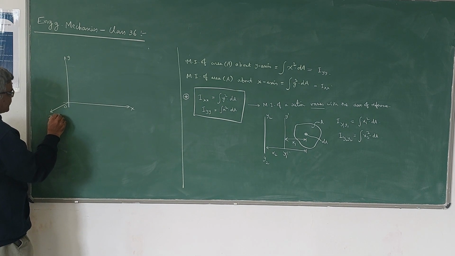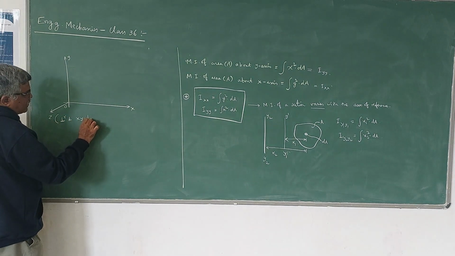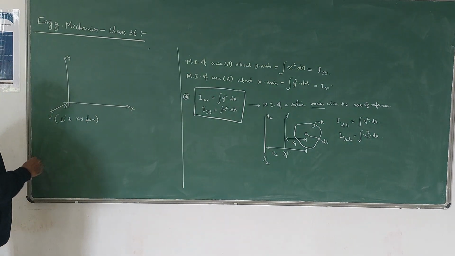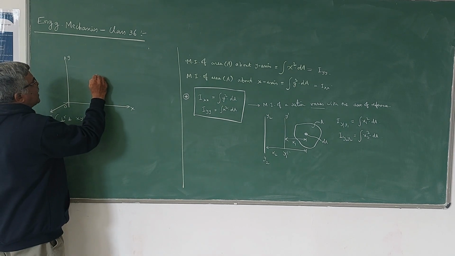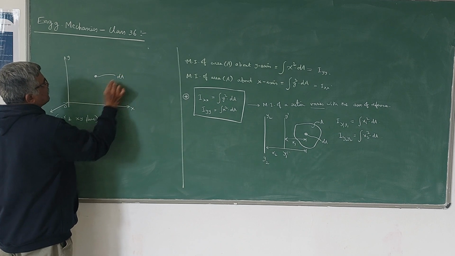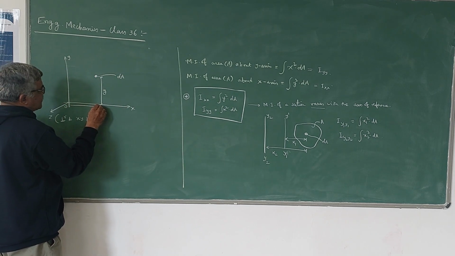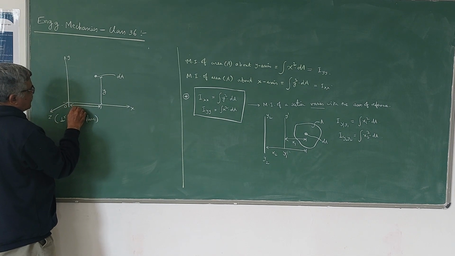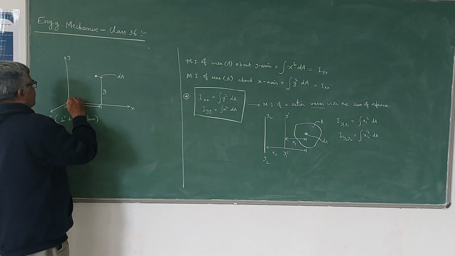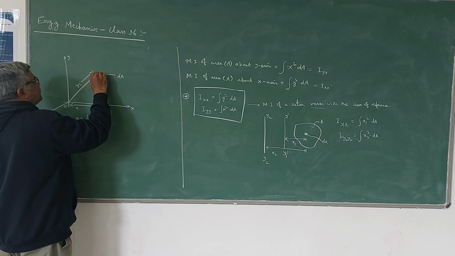This z axis is perpendicular to the xy plane. If I take the area dA here, this distance is y, and this distance is x. If I join this to the origin, I will take this distance as r.